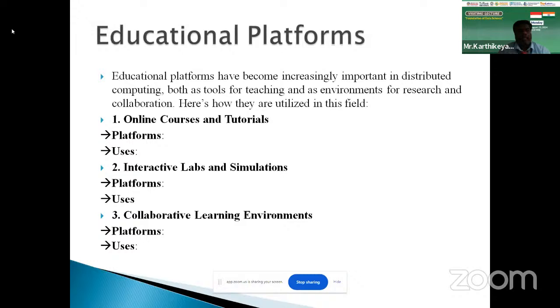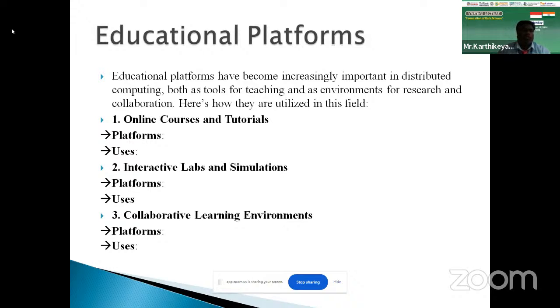Students can experiment with setting up distributed databases, managing clusters, and running parallel computation in sandboxed environments. And next one, collaborative learning environments. The platforms are Jupyter Notebook and Google Colab.